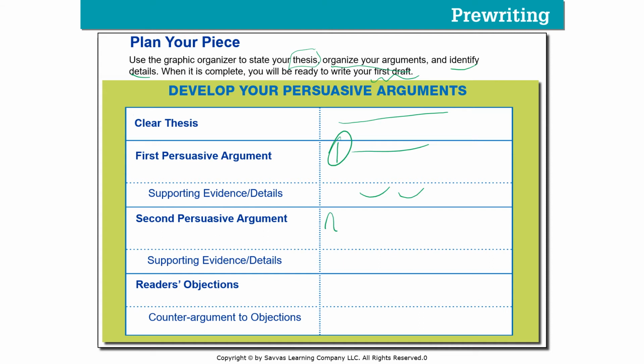Second, a persuasive argument, then again supporting evidence and details, and finally you write the reader's objections, or in other words the other side of this argument, and you provide a counter argument to those objections. Only when you plan and finish this table can you start your first draft, and make sure you follow the same sequence.